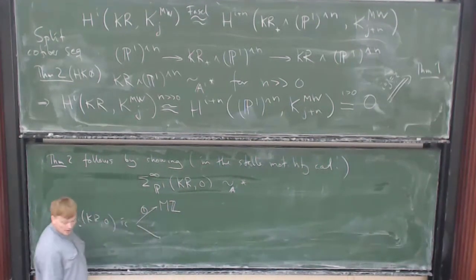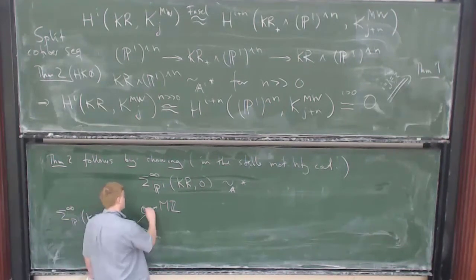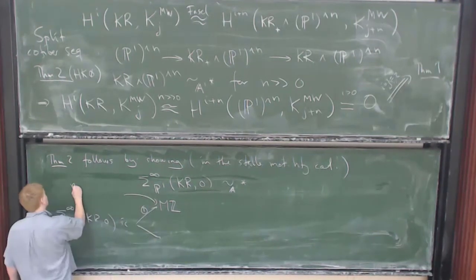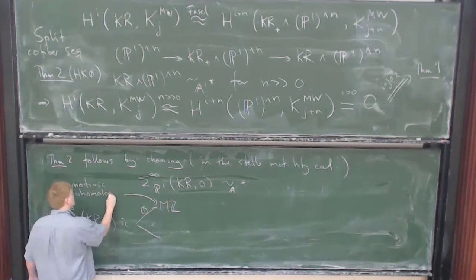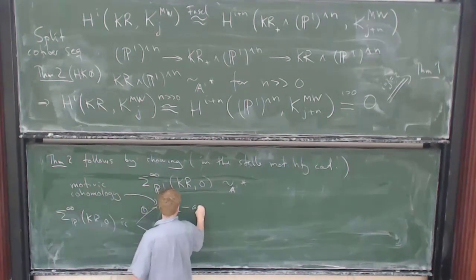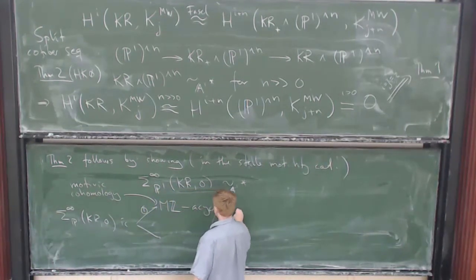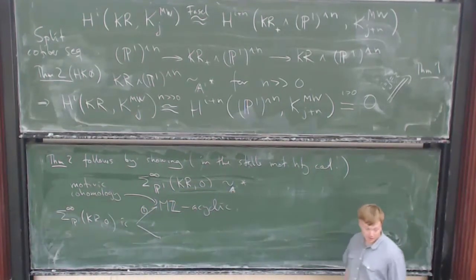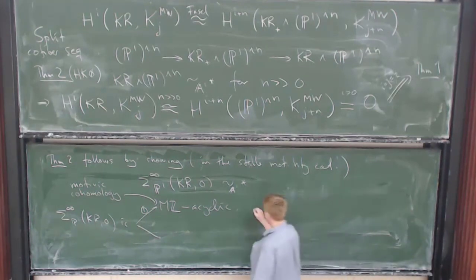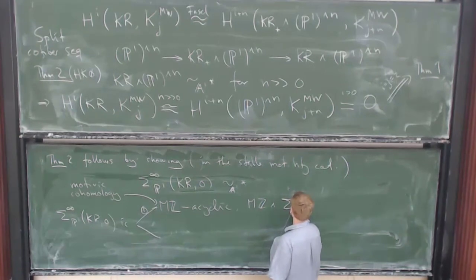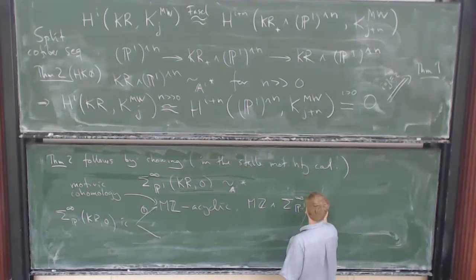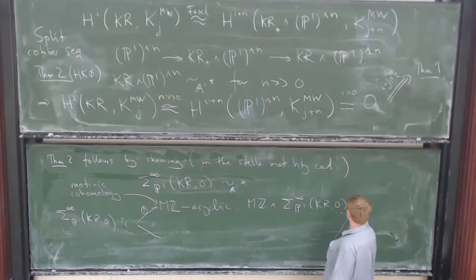MC here is motivic homology. So it's MC acyclic, which just means that it dies after smashing with MC: MC smashed with the suspension spectrum is contractible.